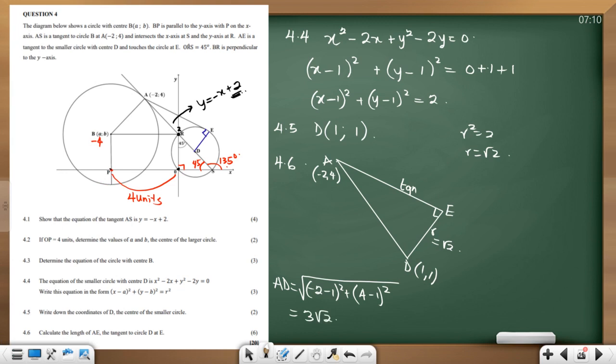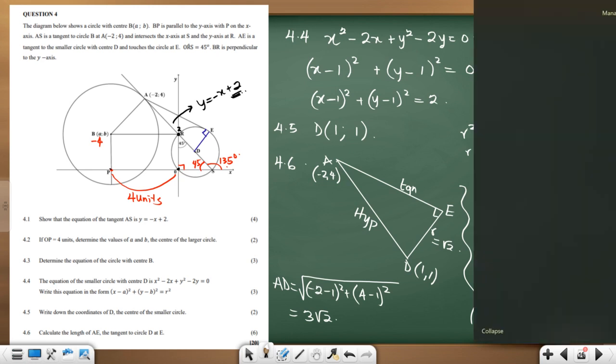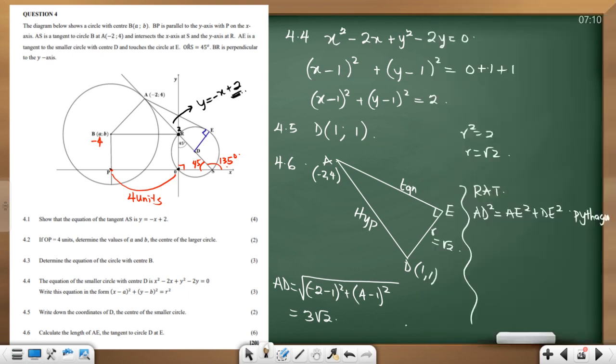3 root 2. Now we can bring in the theorem of Pythagoras because it's a right angle triangle. This becomes my hypotenuse. So AD squared equals to what? AE squared plus DE squared. Pythagoras. Theorem of Pythagoras. Ooh, just squeezing that in.